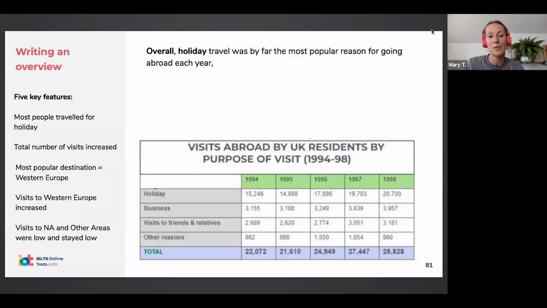And because we're giving 2 key features of the first chart, you would include the second feature in that sentence as well. So try to keep them in the same sentence. So while the total number of overseas trips, something over the period, increase, that's right. Okay, so that's the first 2 features there. And then for the second chart.